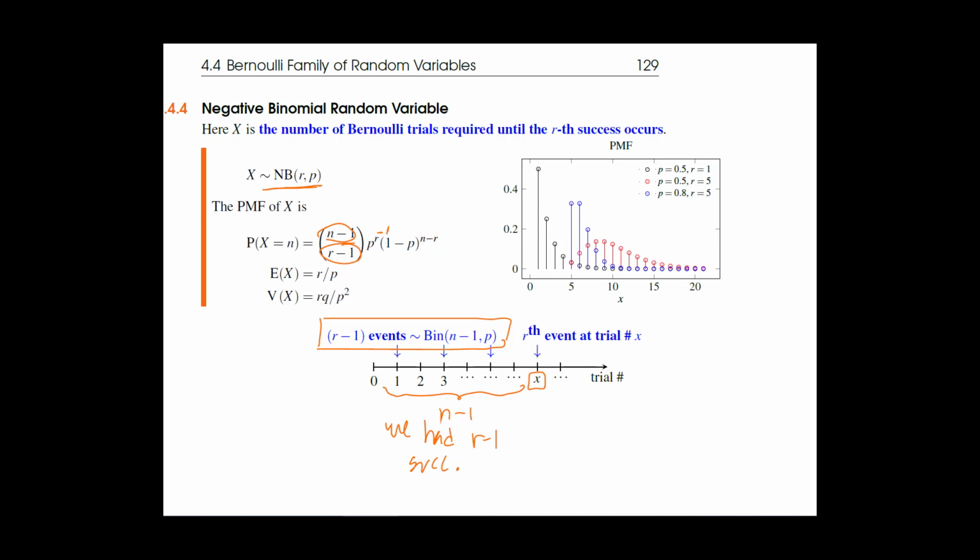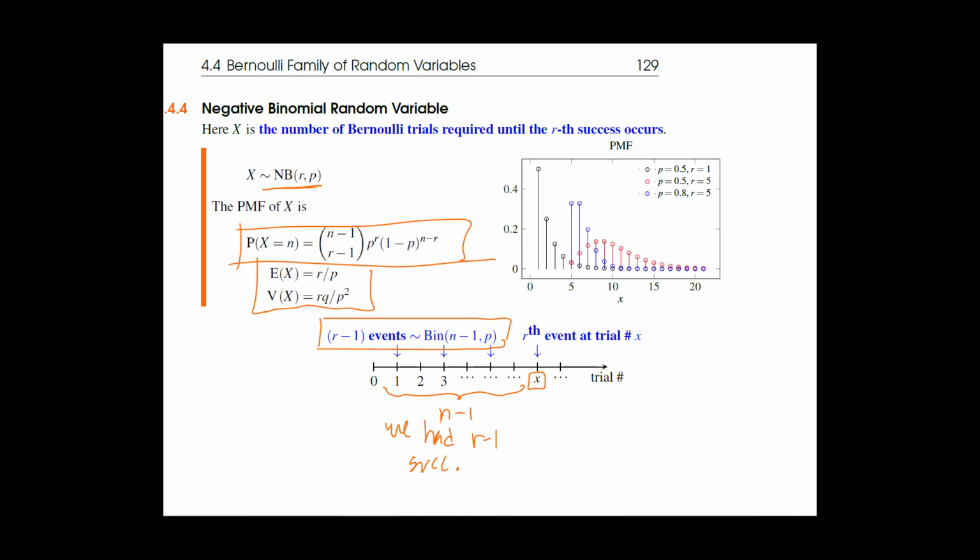Okay, so that's the orange part. But now the last event has to be a success. So we multiply by p again, which has the effect of canceling out that negative 1 there. So that's how you get the PMF of the negative binomial. Then we apply our usual formulas to get expected values and variances.